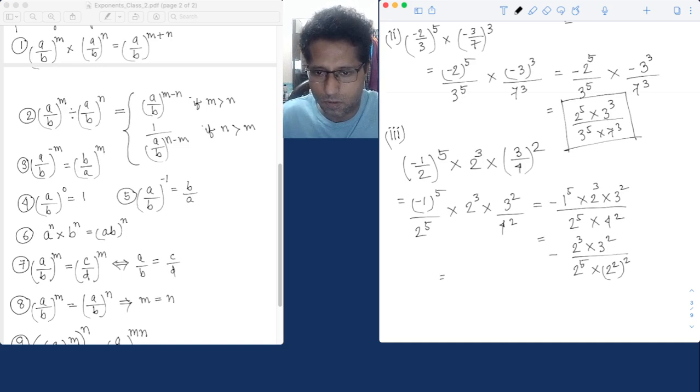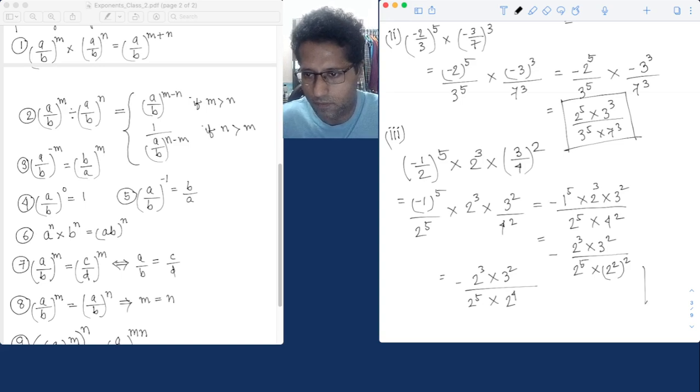So this is minus 2 cube multiplied by 3 square divided by 2 to the power 5 into, so this is 2 square and again raised to the power 2. So this will be 2 to the power 4. Why 2 to the power 4?